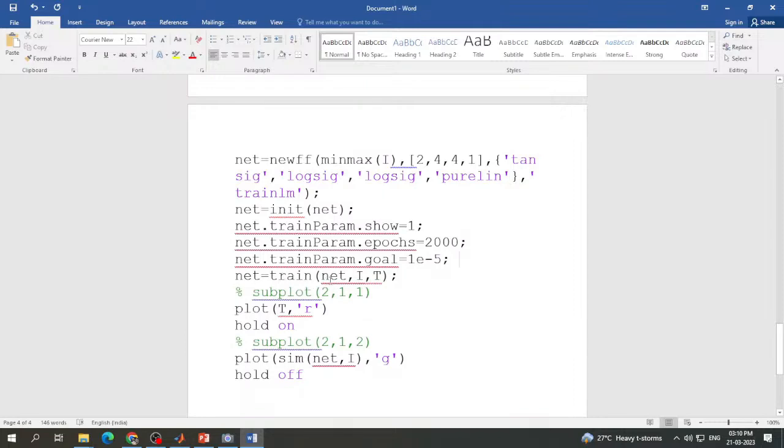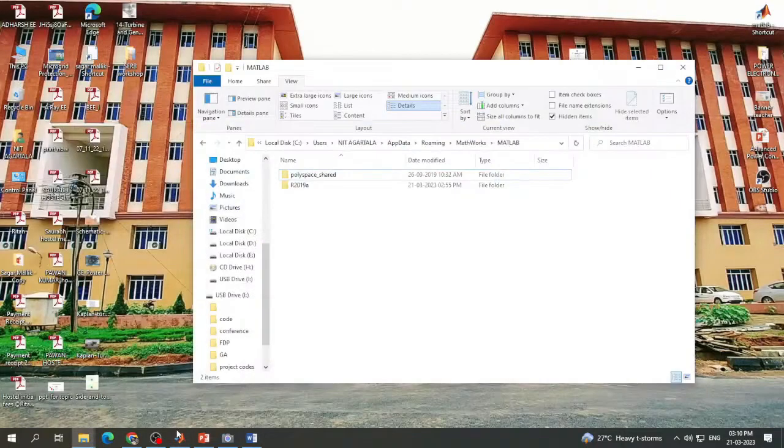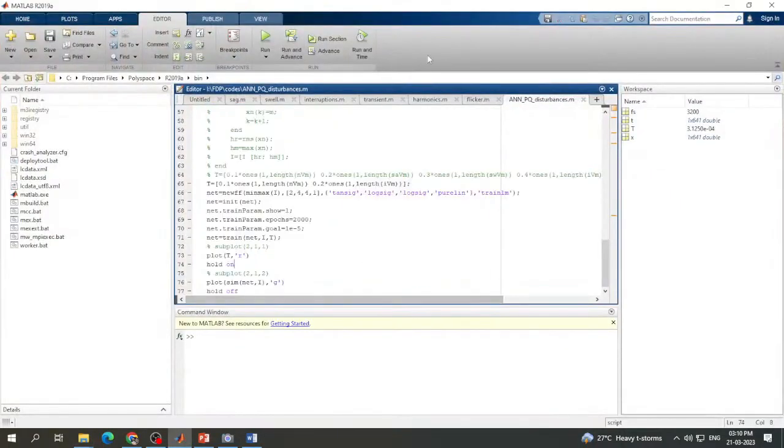One is net, our ANN model, the input, and the targeted output T. With this you train your neural network. And these 2 plots are, one for the target and the next for validation, whether it is correct or not. Now let's run the code. It has started.